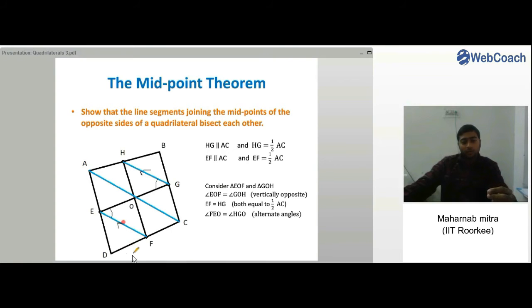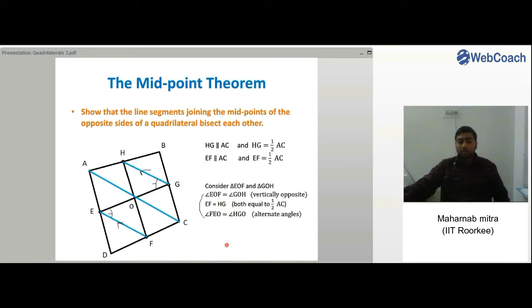And HOF is the transversal, and we are seeing GH and EF as the parallel sides. So this angle must be equal to this angle. Why? Because they are alternate angles, right? So you can see we have got three criteria: one angle, one side, and one more angle.